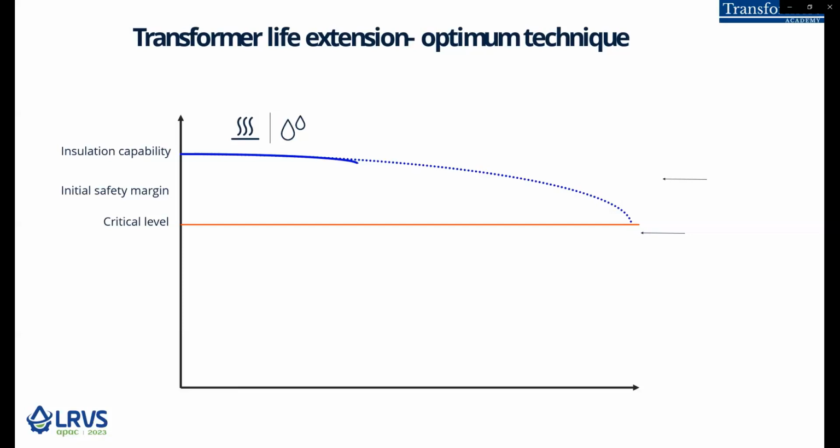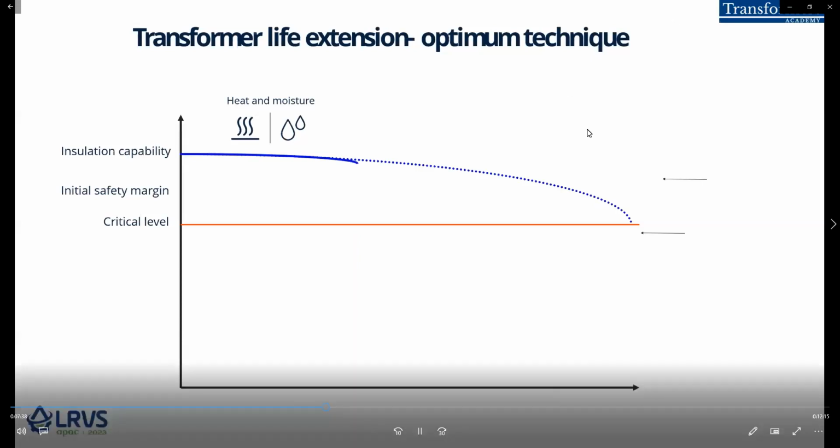Here we see the transformer starts to operate with a certain insulating safety margin. This depends on the transformer design, transformer manufacturing process, and preparation before energizing. Stress such as heat and moisture may bring the actual insulation level closer to the critical level.